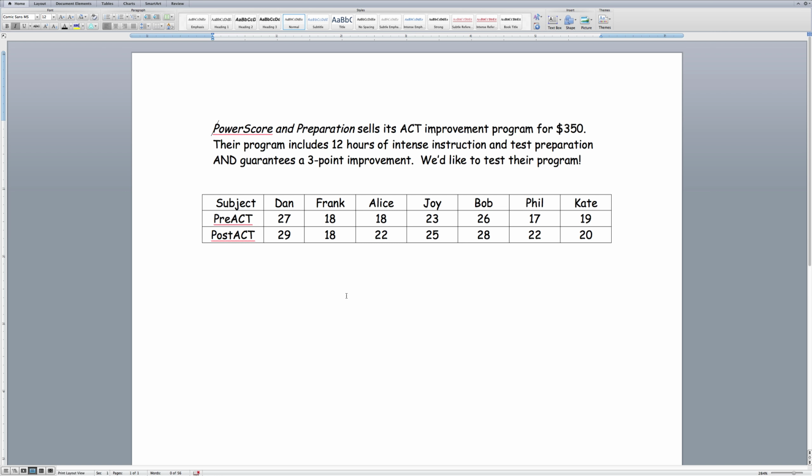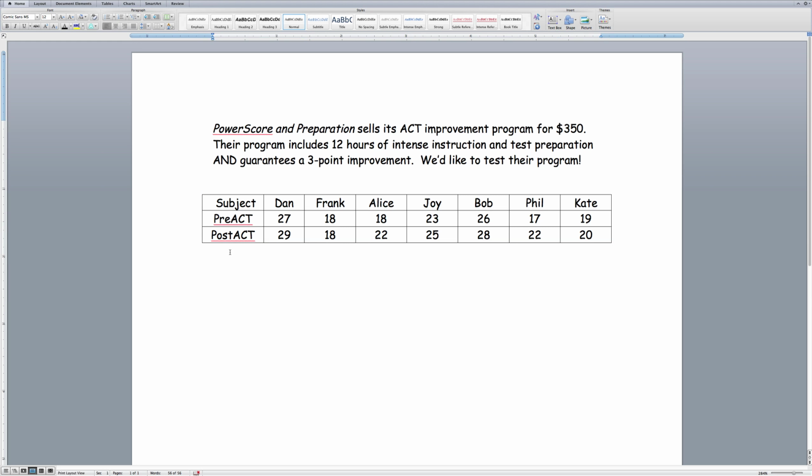So what we do is we have Dan, Frank, Alice, Joy, Bob, Phil, and Kate go take the ACT. Afterwards, we have them sign up for Power Score and Preparation Test, pay the $350, go through the intense 12 hours of instruction and test preparation, and hope their program works to get a higher ACT afterwards.